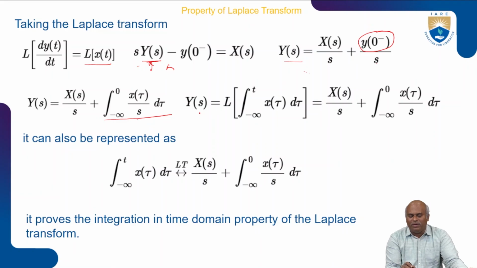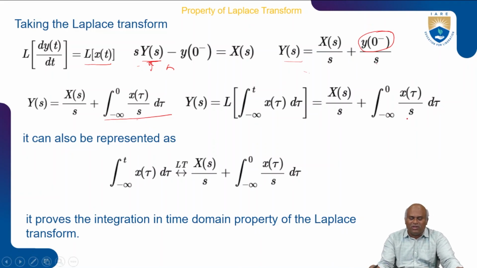Now what will happen? Y of s equals the Laplace transform of the integration from minus infinity to t of x of tau d tau, which is equal to x of s divided by s plus the integration from minus infinity to 0 of x of tau divided by s d tau.